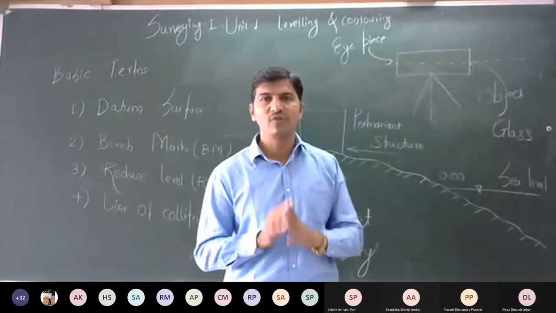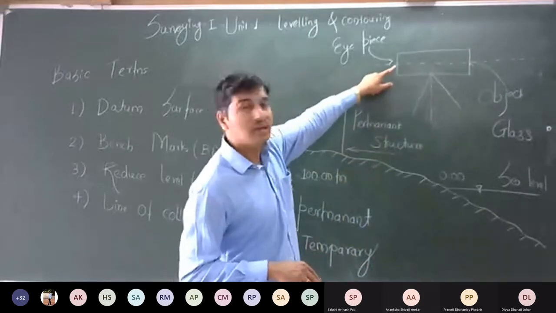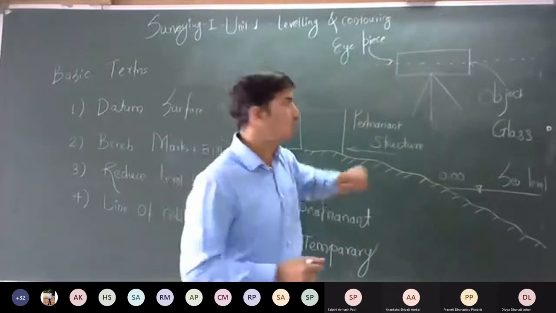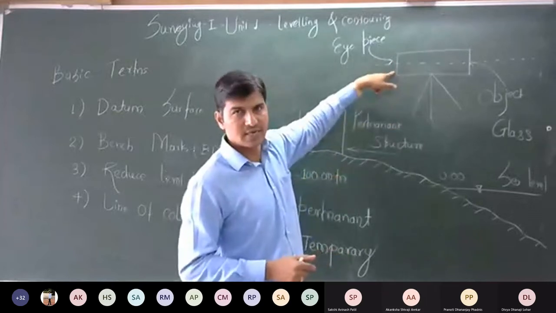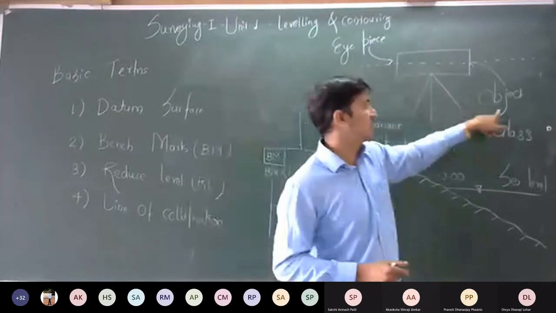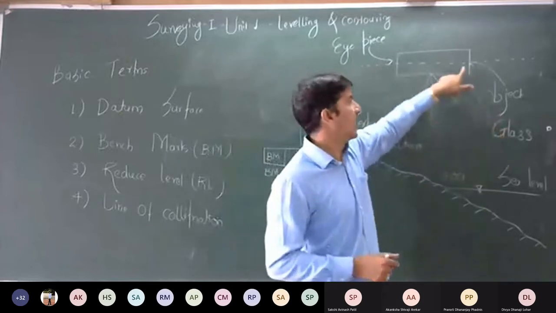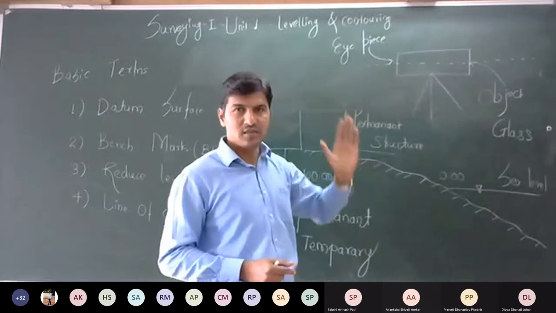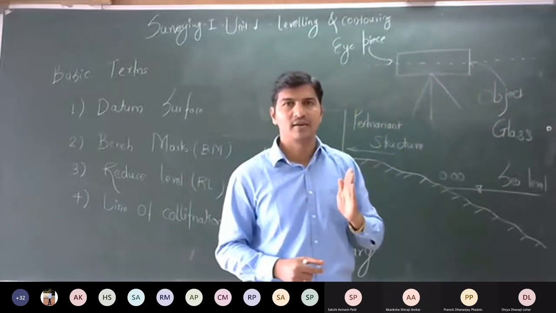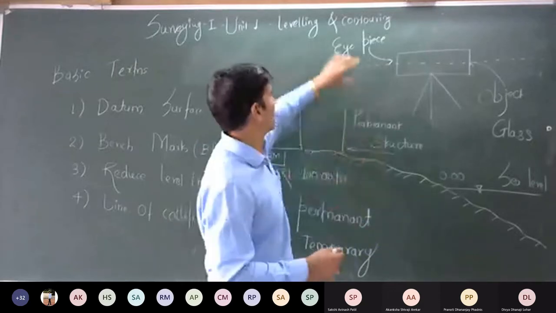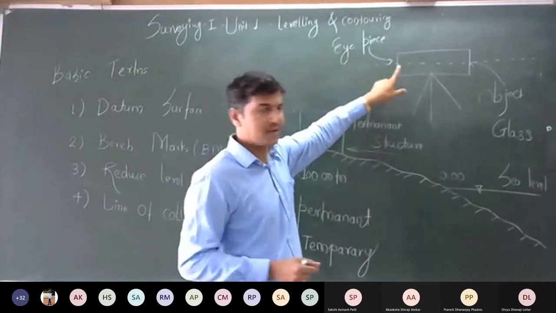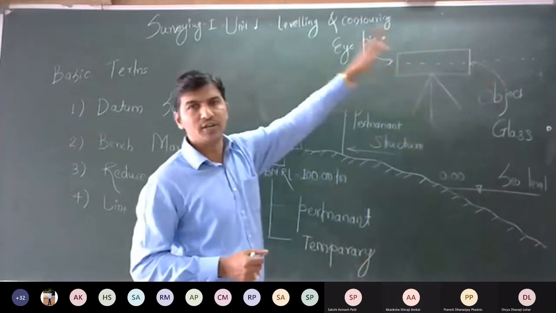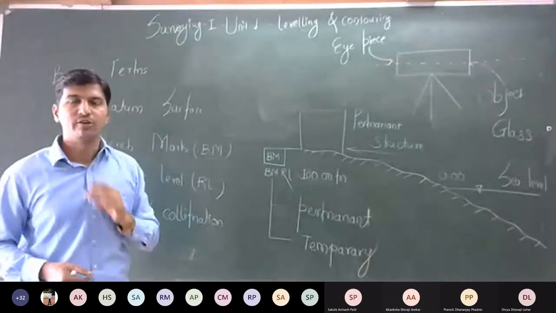Very simple to understand. Line of collimation is an imaginary line passing through the center of the eyepiece and the center of the object glass and its continuation. That is your line of collimation.